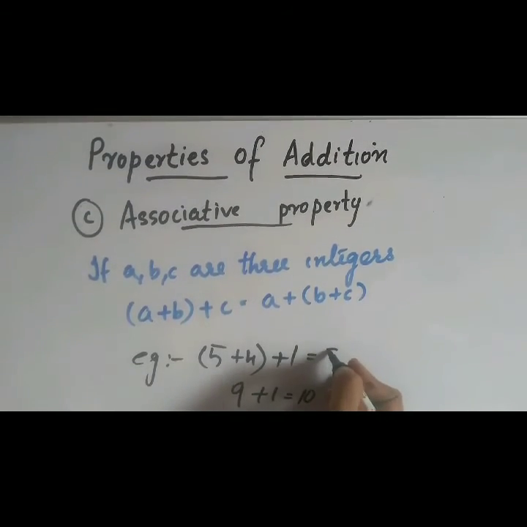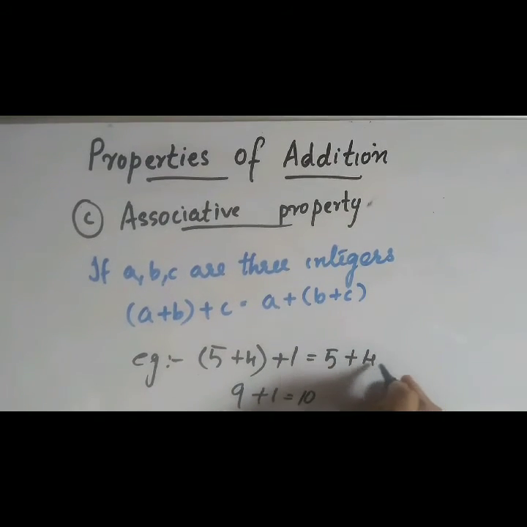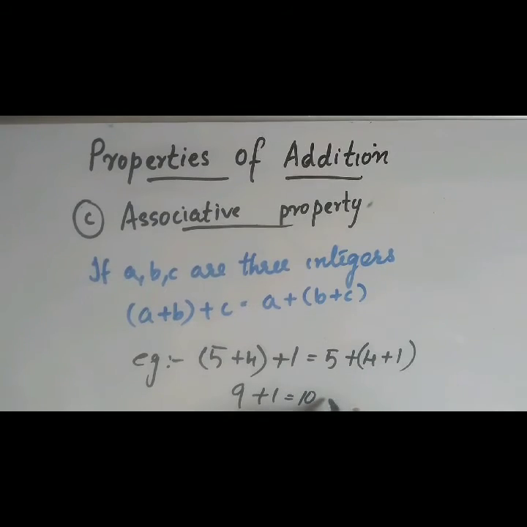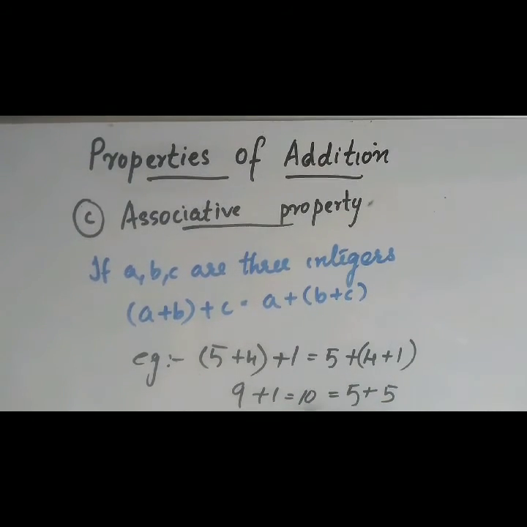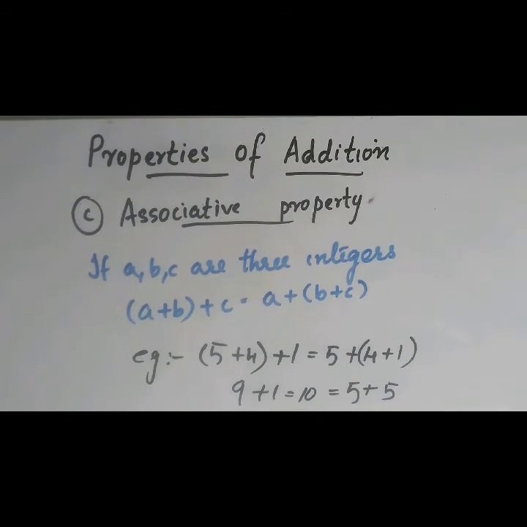Now 5 plus 4 plus 1 grouped the other way: 4 plus 1 is 5, and 5 plus 5 equals 10. Thus, we prove the third property, the associative property.